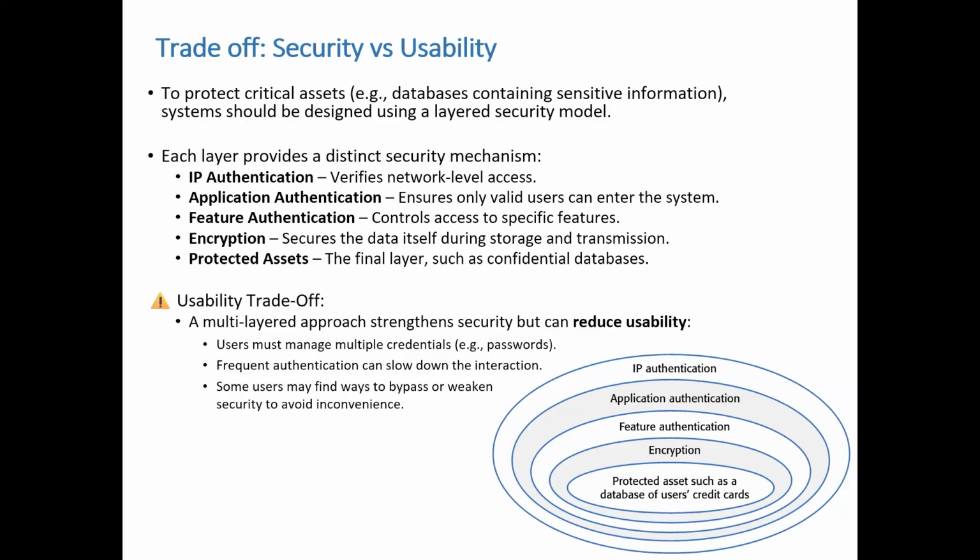In fact, it's not uncommon for users to look for shortcuts, like writing down passwords or trying to keep sessions open forever, which ironically weakens the very security we worked hard to put in place. So, as software architects, our job is to balance security and usability. Strong protection matters, but not at the cost of user frustration or risky workarounds.